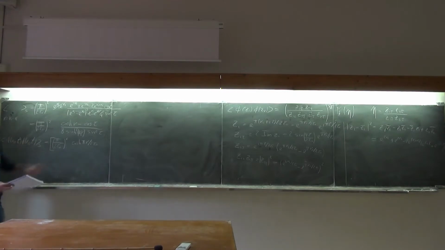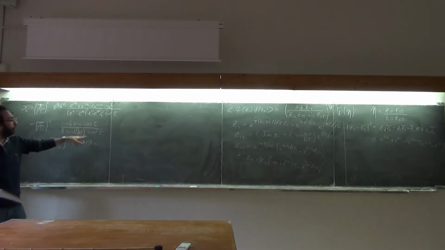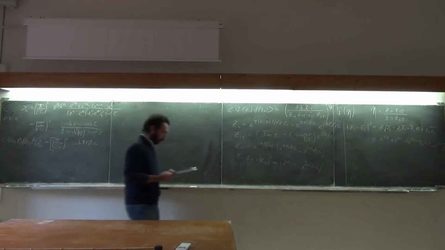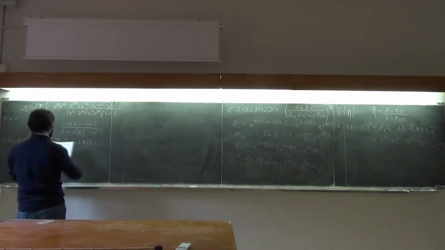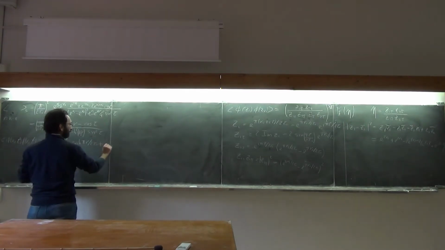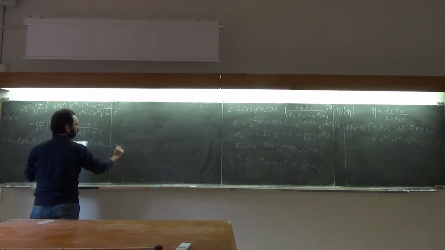Let's make directly the analytic continuation, because the cos just goes into cosh and sine goes into cosh squared. So cosh pi r divided q tau naught plus cosh of pi t divided q tau naught.